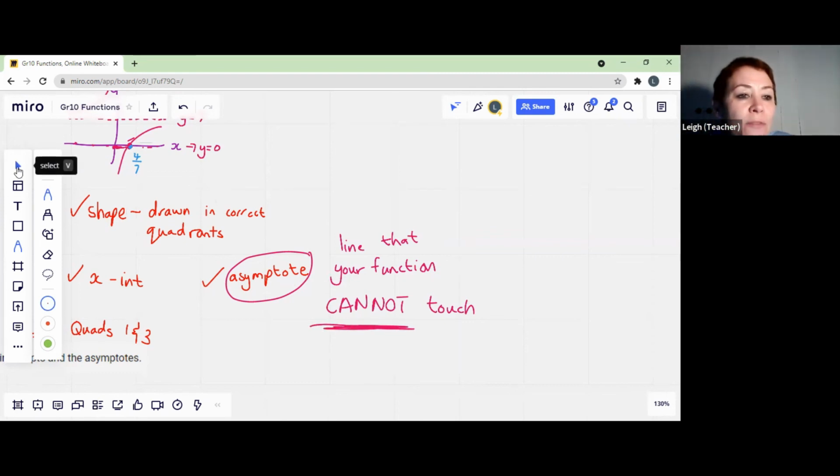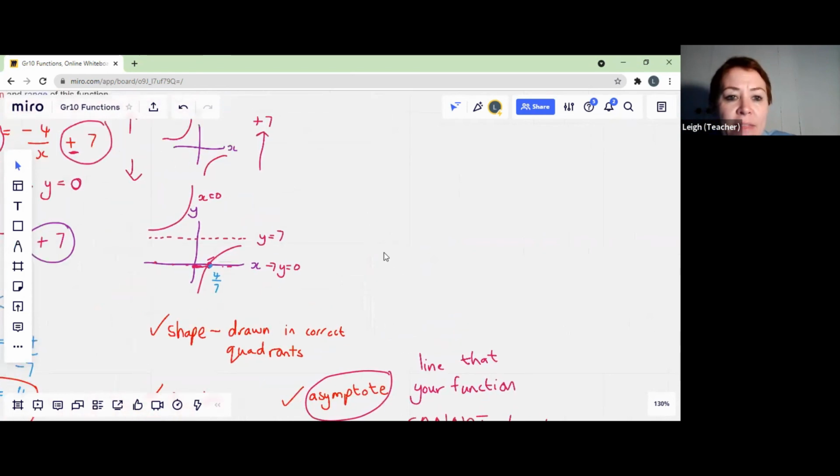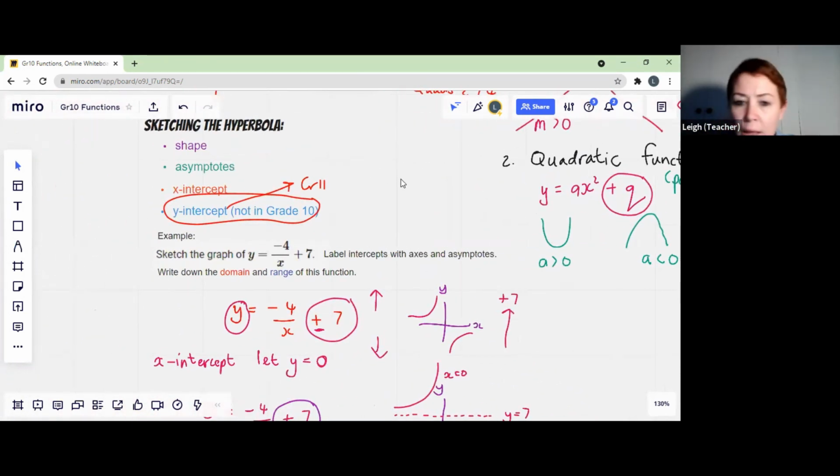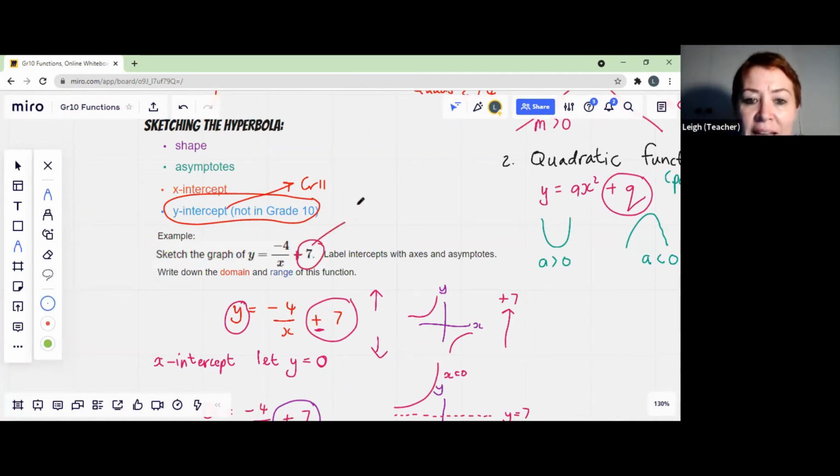Now, you have to learn that this value over here, we're going back up to this, this value over here, this +7, the number on its own, this 7 over here, that is your asymptote.